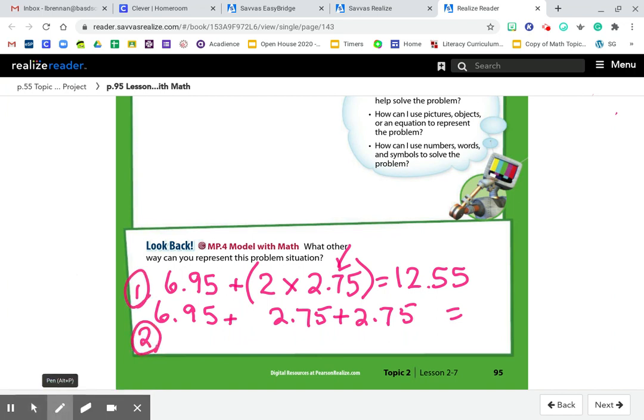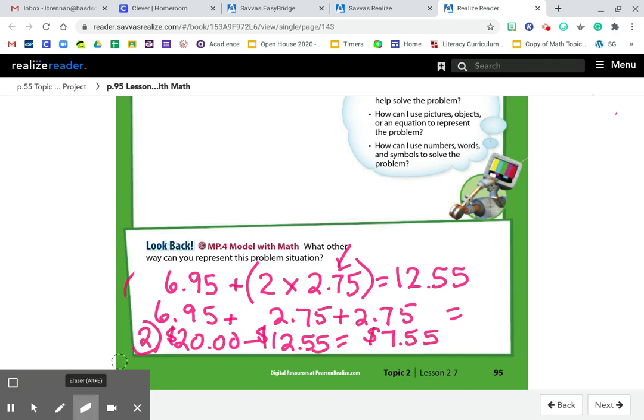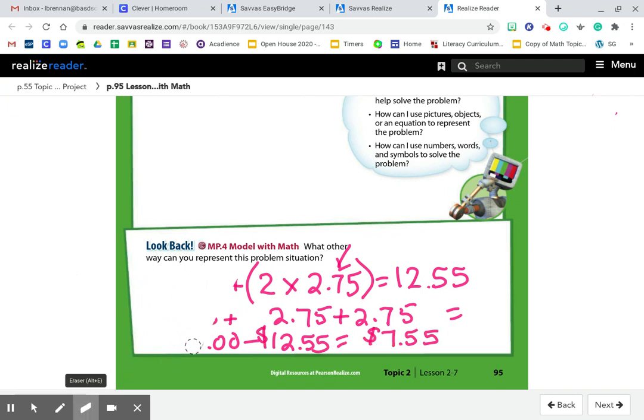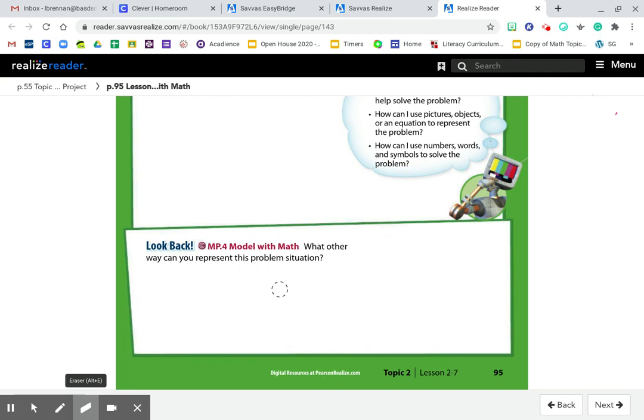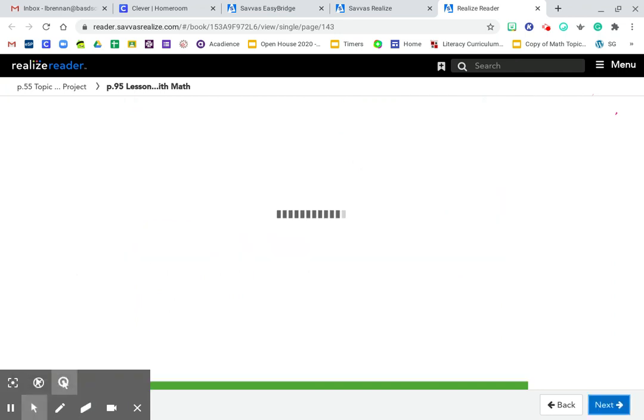And the second step, we took $20 and we subtracted 12.55 to get 7.55. So that is using an equation, and the model on top of it was using the bar diagram. So there's two different ways to illustrate how you would solve that problem. Whenever you see the words use an equation, that's when you're going to write that linear math problem. Write it out in a straight line.